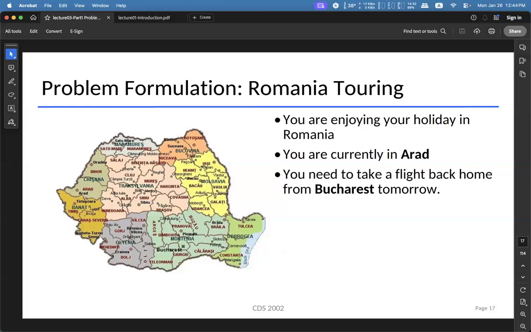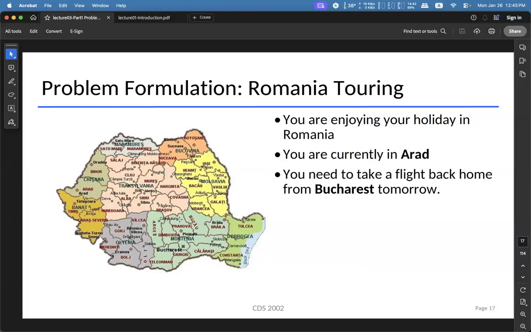Other information in this map is not necessary for us. For example, how the administrative regions are divided in Romania is not a concern. We only care about the places we can go to by transportation, such that we can formulate a path from Arad to Bucharest. So this map has a lot of details we don't want to work with.